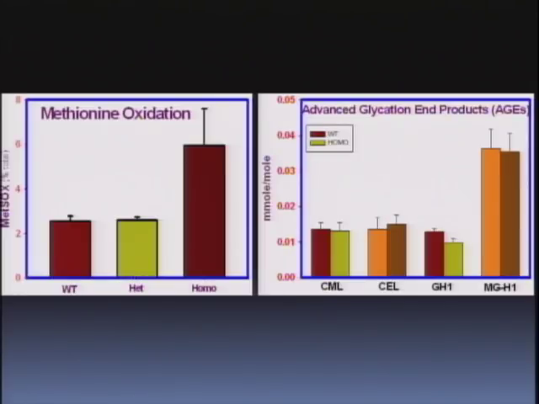When we first got this data, we were a little bit surprised, but then we realized that in mouse the glucose level in the lens is much lower than serum. Plus, the ascorbic acid level in mouse lens is almost nothing.